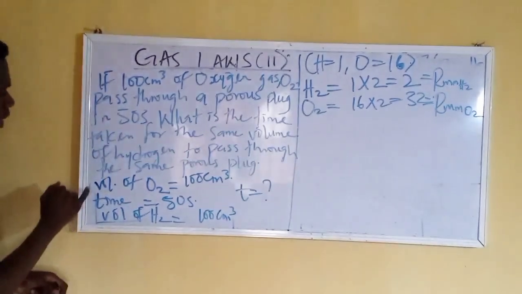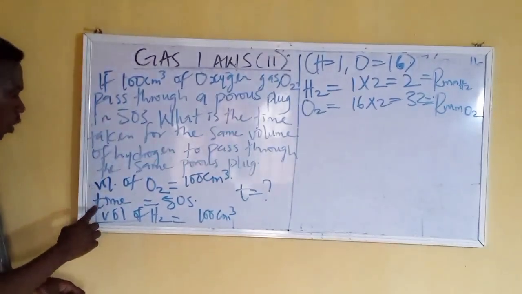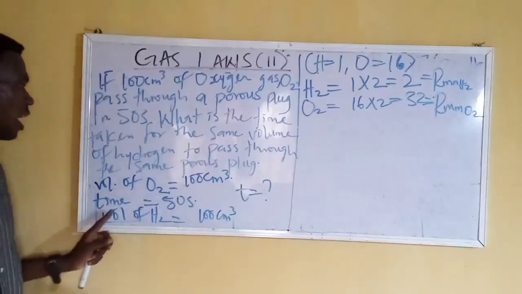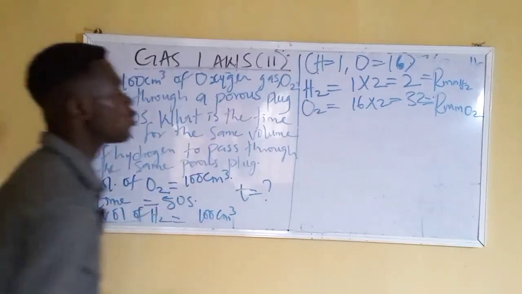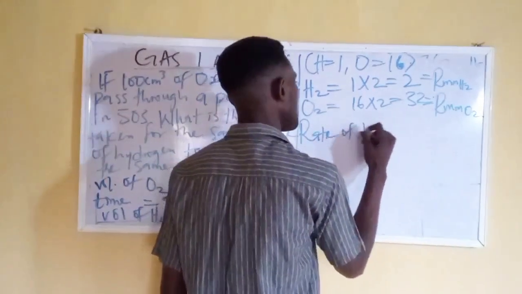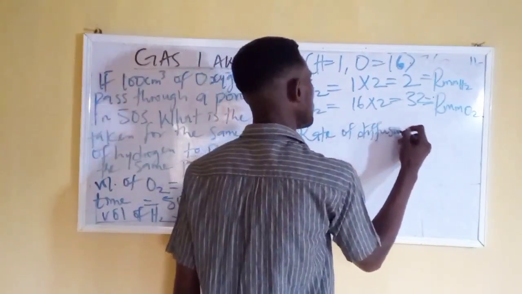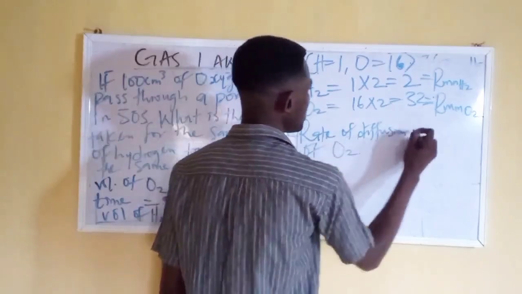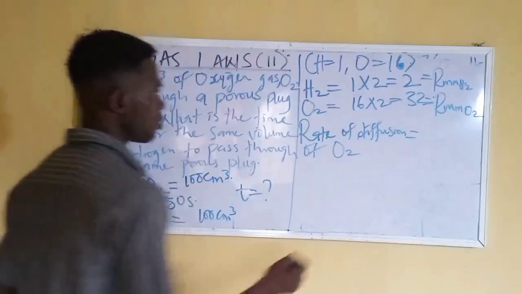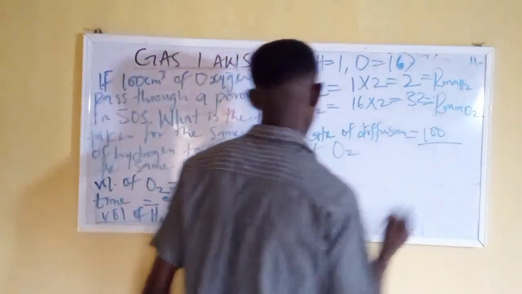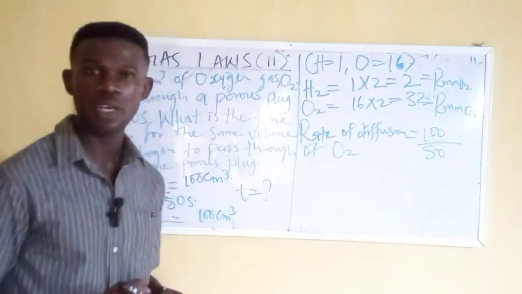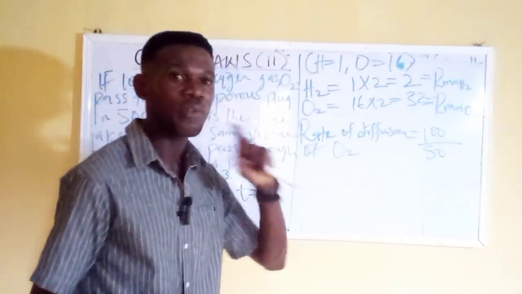One more thing: we have to look at the rate of diffusion of oxygen, because we are given that the volume of oxygen is 100 centimeter cube and the time taken was 50 seconds. So remember that the rate of diffusion of oxygen is going to be given as the volume, which is 100, over the time, which is 50, because that is the formula for rate of diffusion: volume of a gas over time taken.